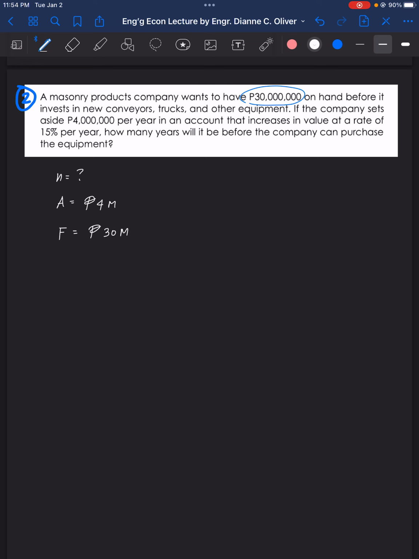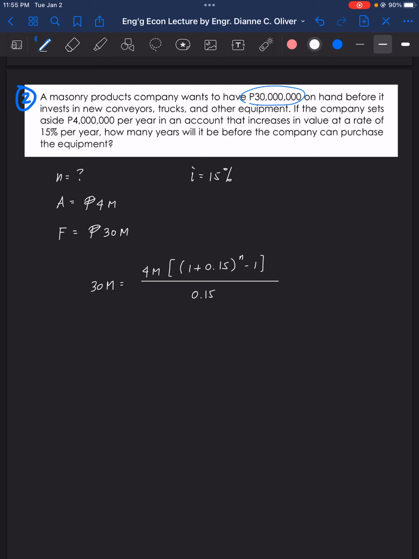So we can now solve for n given I is equal to 15%. So that will be 30 million equals the annuity of 4 million times 1 plus 0.15 raised to the power of n minus 1, over 0.15. It's missing n here. Since this is future worth, we will use the formula for future worth of annuity.